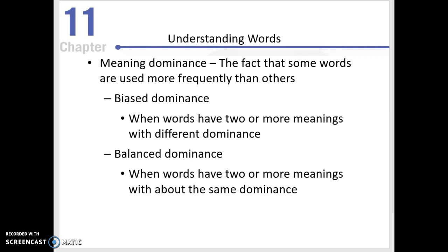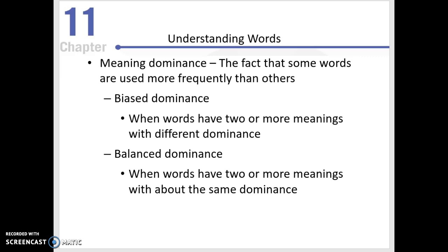So when we talked about throwing stones at the bank, the stones, because they're more closely associated typically with a riverbank, might come to mind, but a financial institution is the more common use of bank. So that has biased dominance. Balanced dominance is when two or more meanings have about the same dominance. So wave, the ocean wave, and wave, the greeting, have about the same dominance.